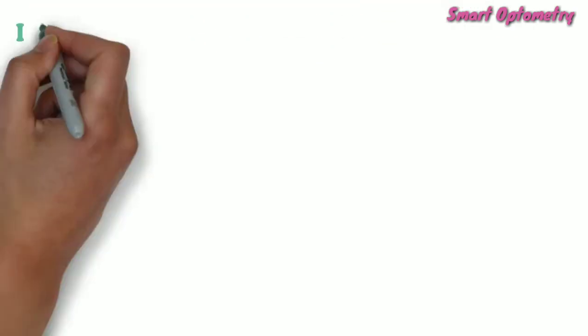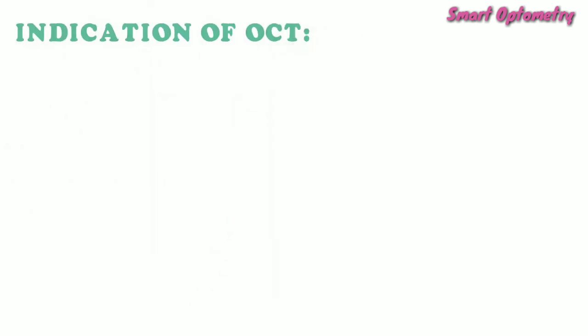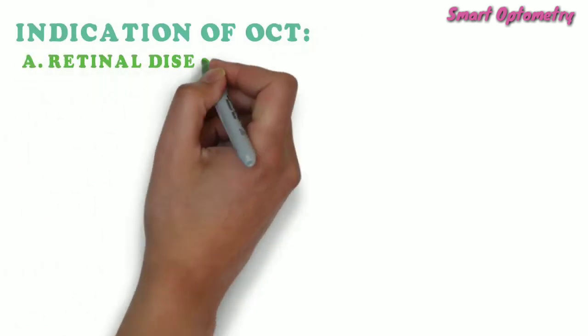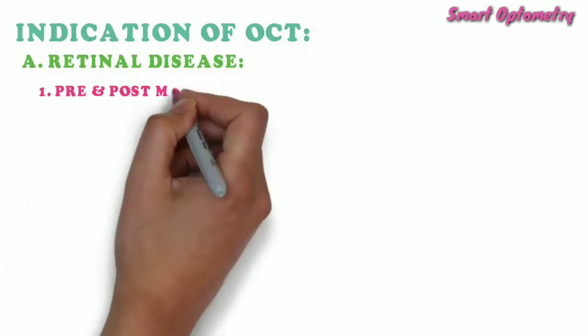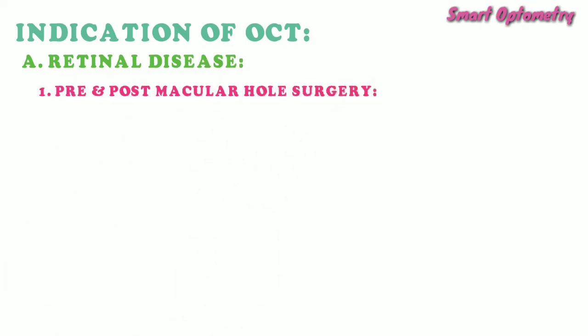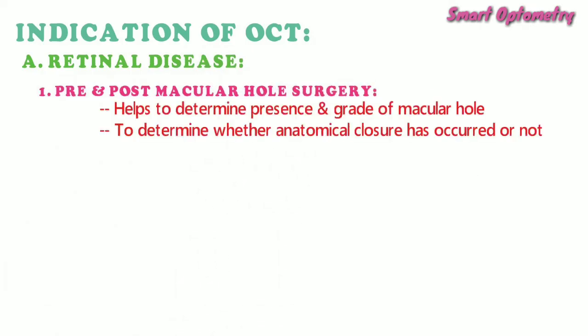Now let's study about the indications of OCT. A. Retinal disease. 1. Pre and post macular hole surgery. Helps to determine presence and grade of macular hole and to determine whether anatomical closure has occurred or not. 2. Macular edema.